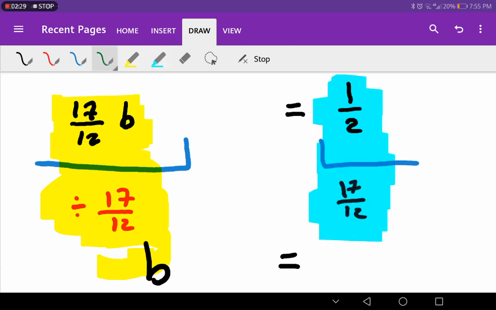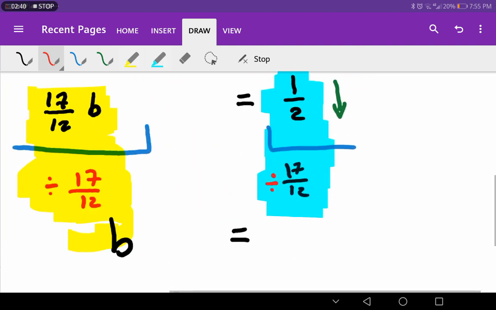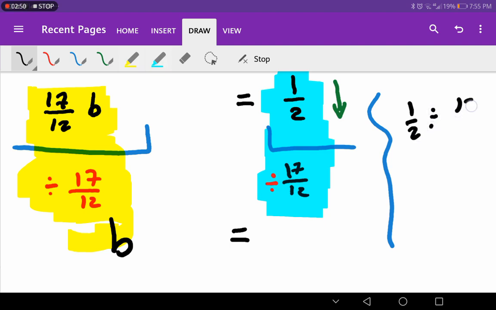And I tell my students, start from up to down, and remember it is divide here. We will do it beside here, my dear student. So 1 over 2 divided by 17 over 12.